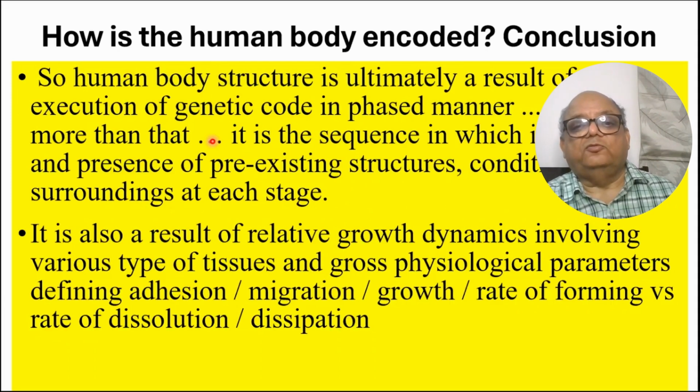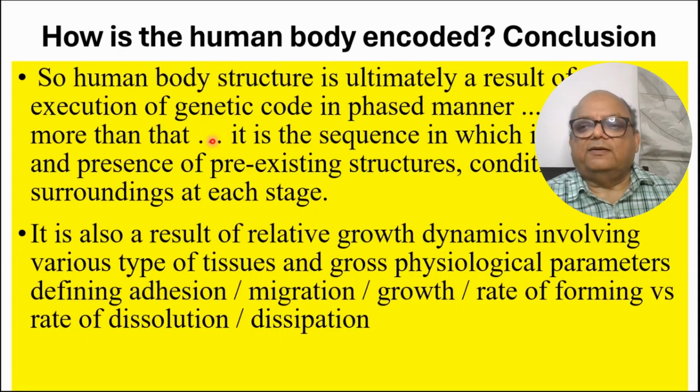Like sometimes neurons may be in an adhesion phase, sometimes in a migration phase, sometimes in a growth phase, sometimes in a reproduction phase. And for bones, the thickness depends on the rate of forming and the rate of dissolving and dissipation. So that is the wonderful architecture of the body.